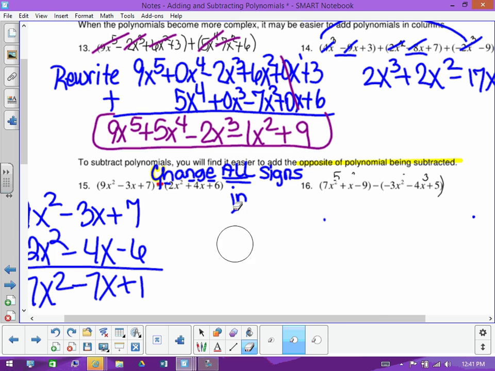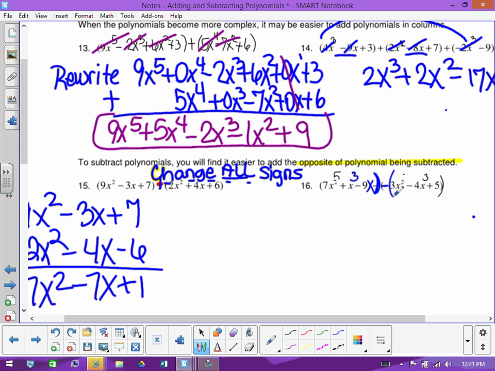Okay, I'm going to erase that so I'll have a little bit more room to write this. So this last one here, I have 17x to the 5th plus x to the 3rd minus 9x, and then minus 3x to the 5th minus 4x to the 3rd plus 5.